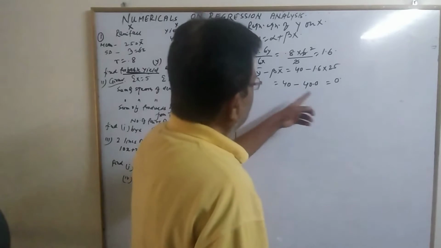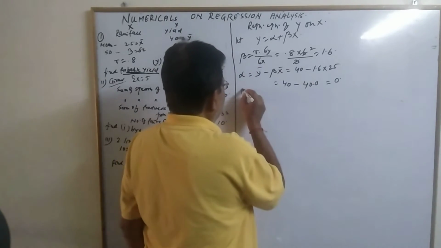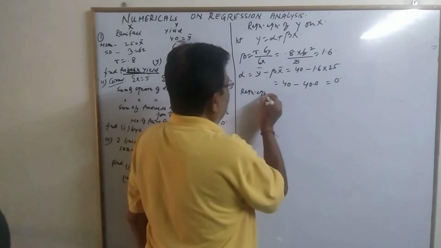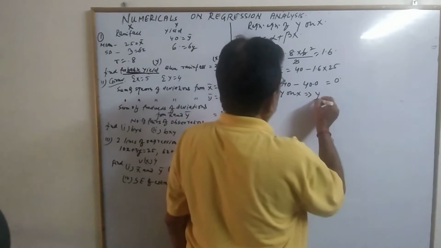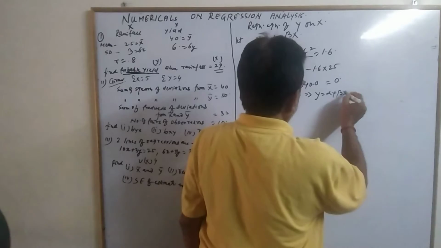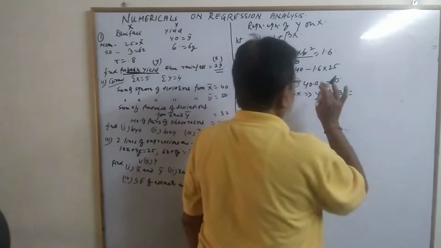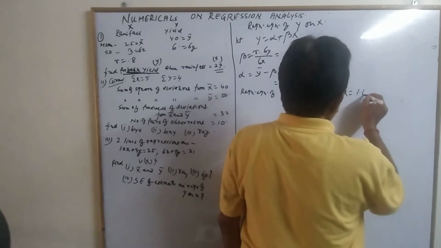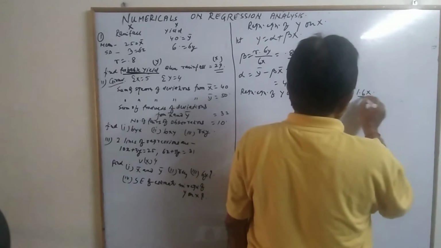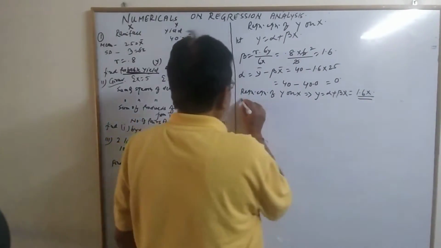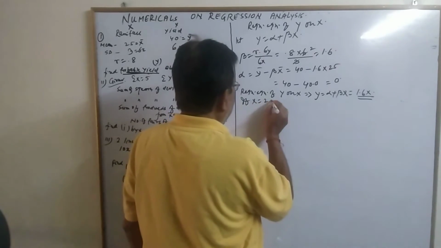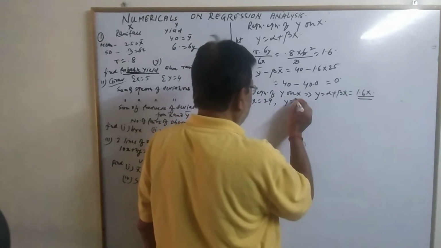So alpha turns out to be 0, hence the regression equation of y on x, y equals alpha plus beta x, with alpha 0 and without any intercept, is y equals 1.6x.